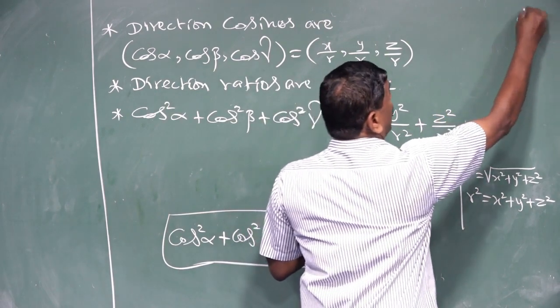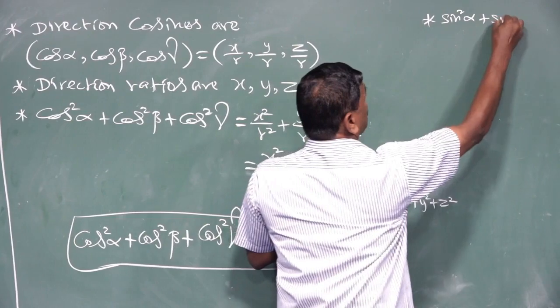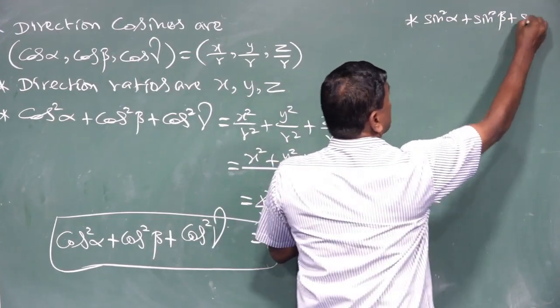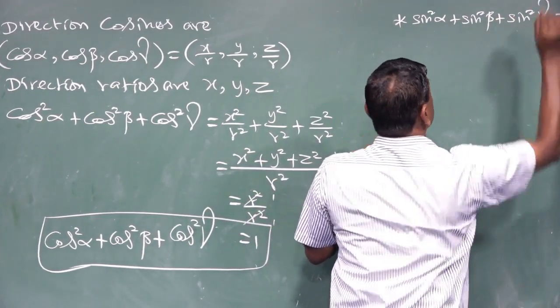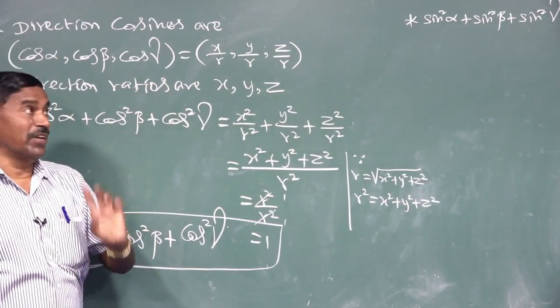Similarly, we can derive one more result. Let us find sin square alpha plus sin square beta plus sin square gamma. Any idea to simplify? Yes, very good.